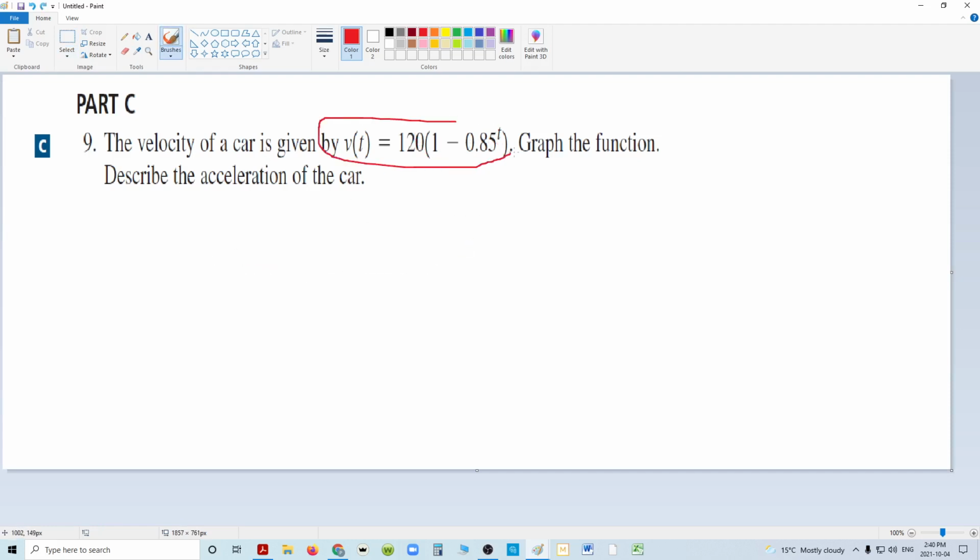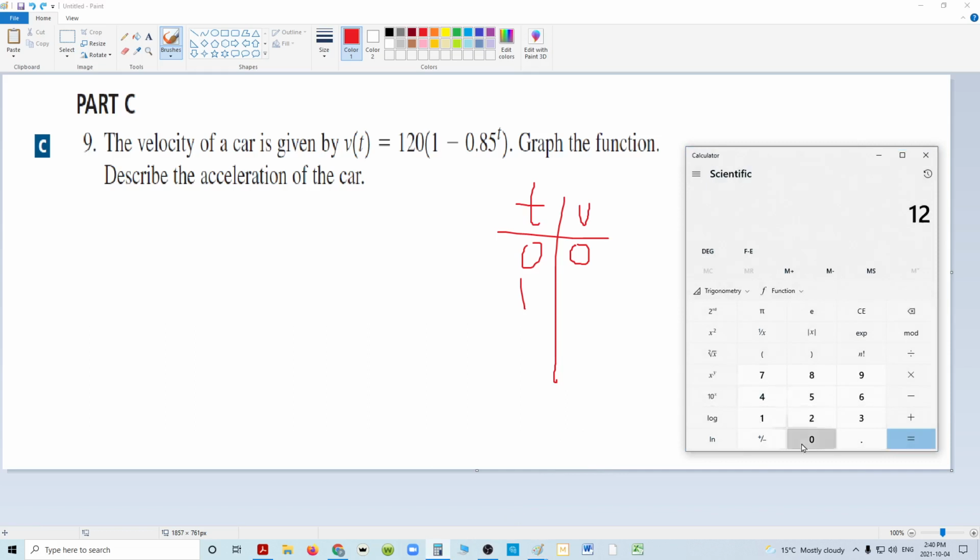So acceleration of the car is the derivative of velocity. If we look at this at time 0, the speed is going to be 1 minus 1, which is 0. Velocity is 0. If we look at time 1, the speed is going to be 120 times 0.15, 18.